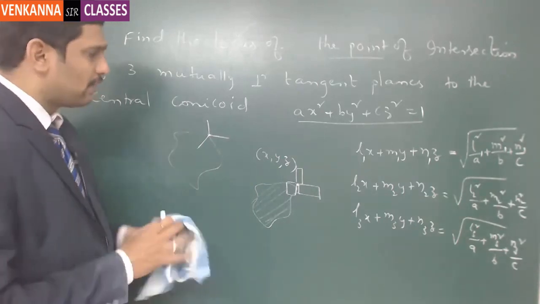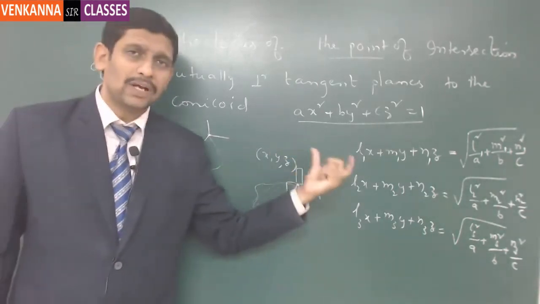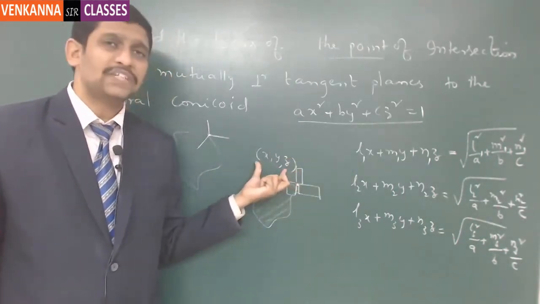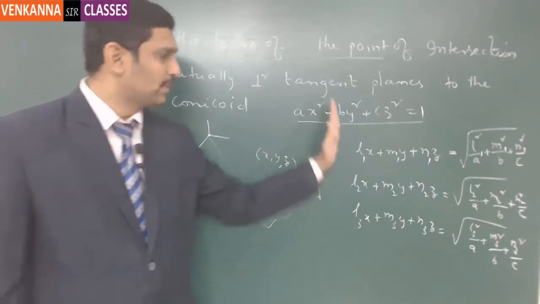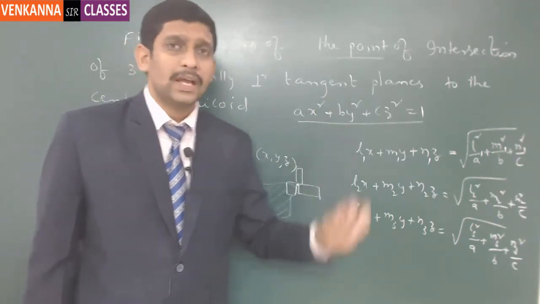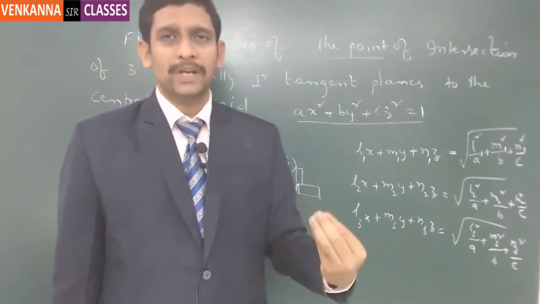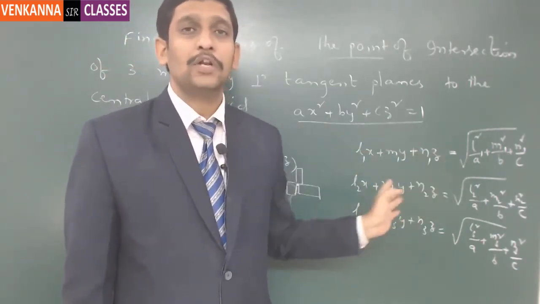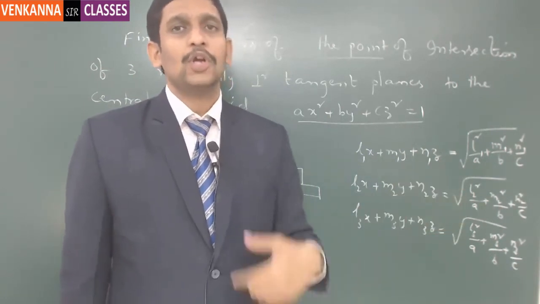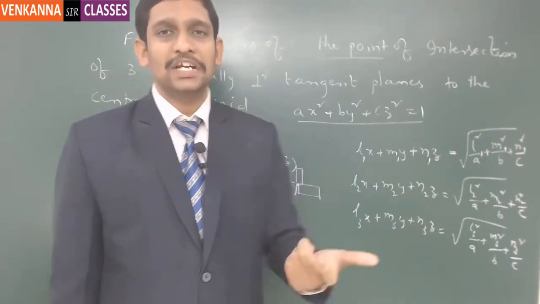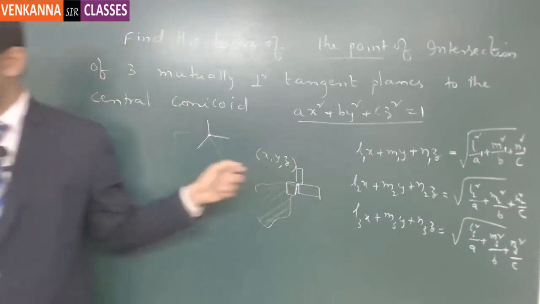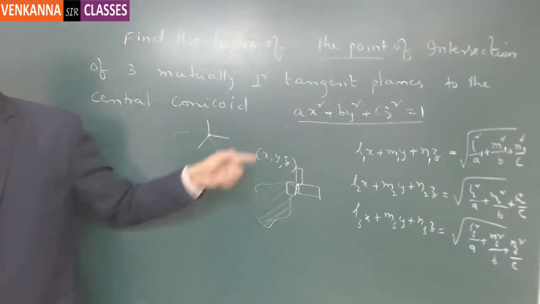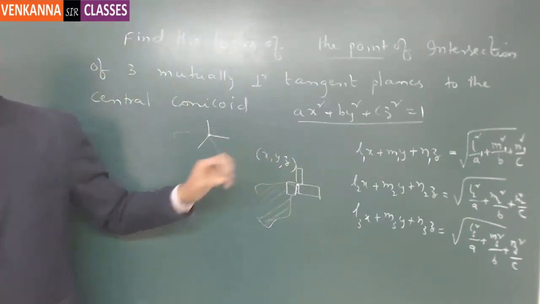So, I want to find the locus, the condition satisfied by xyz, from the planes. In other words, I want to eliminate the values of L1, M1, N1, L2, M2, N2, etc., so that I will get a condition in terms of xyz, which is the required condition.